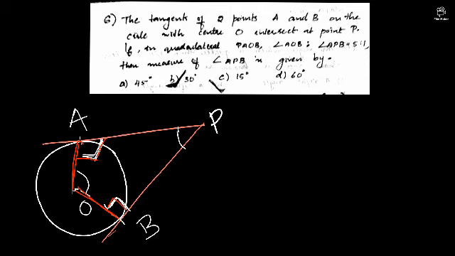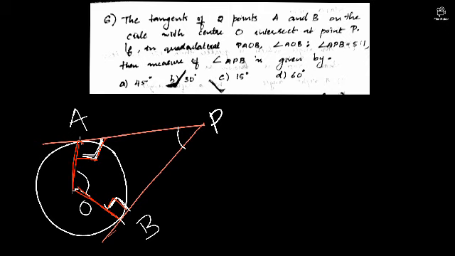We know that in a quadrilateral like this with 2 tangents intersecting at point P and center O, the opposite angles must be what? Supplementary. That means if one is x, then the other will be 180 minus x. Angle AOB and angle APB will be supplementary.